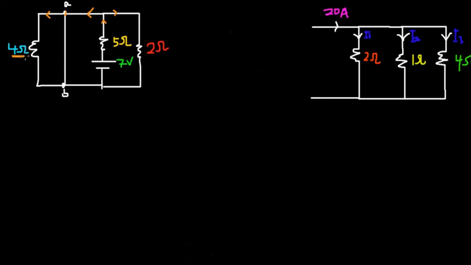Now, since this 4 ohm resistor and this 2 ohm resistor are in parallel, once this 4 ohm resistor has been short circuited, it means that since it's in parallel with this 2 ohm resistor, this 2 ohm resistor won't be considered.